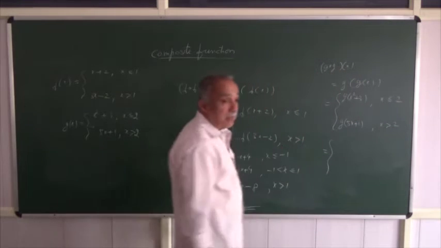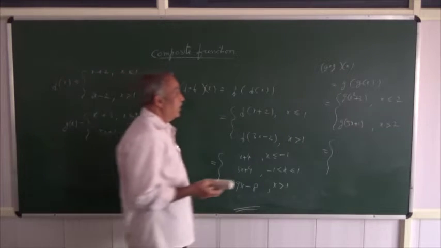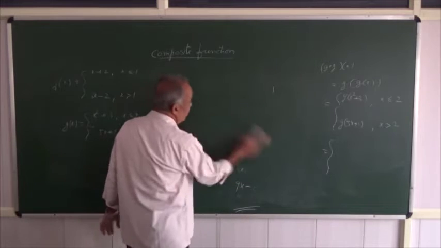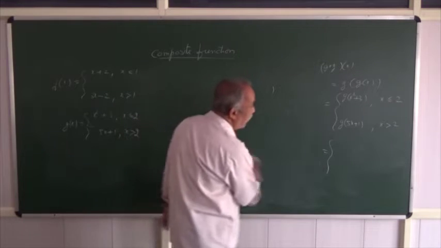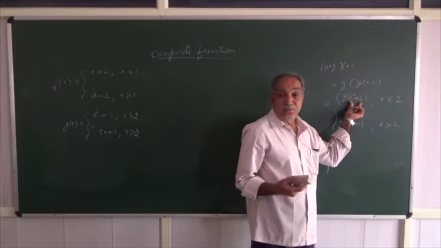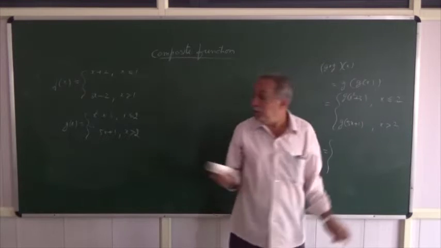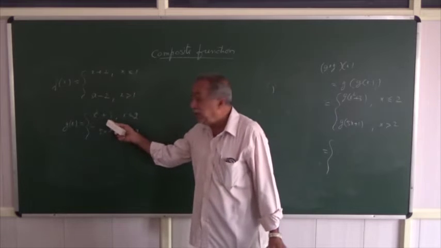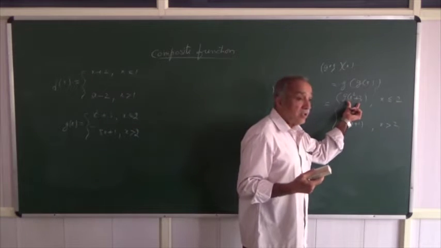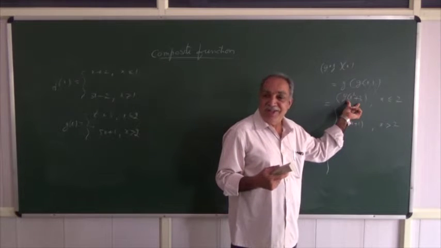Once again I have to apply G. In order to apply the first line, I need the argument to be less than or equal to 2. For what values of x is this less than or equal to 2? Never. It is always greater than 3.